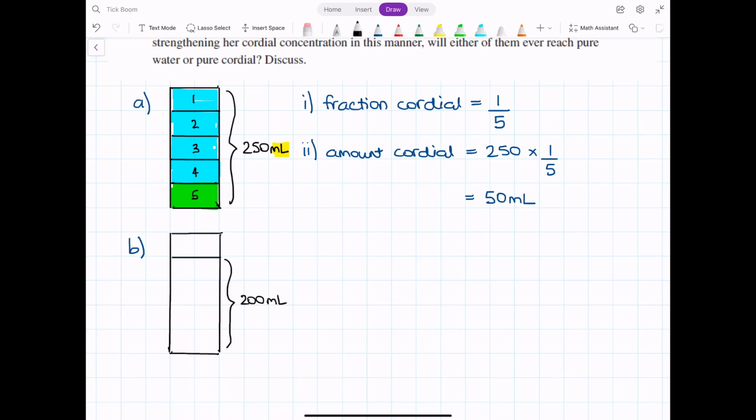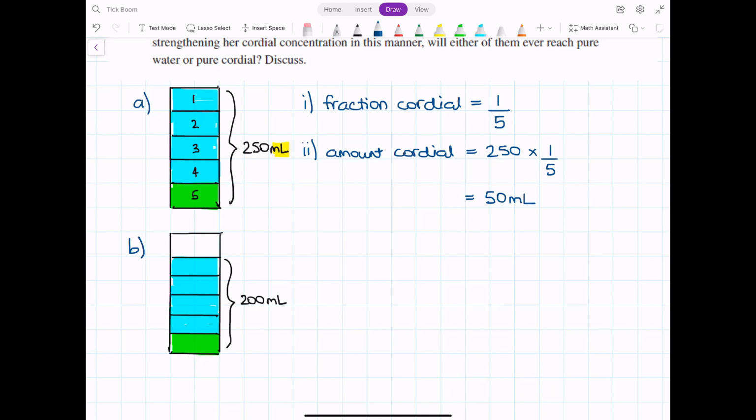So if I just try and break this remaining 200 mils up into 5 parts, that may not be perfect, but the idea is those are now evenly broken up, so that again we have 1 part cordial, and then we have 4 parts water, and then the first 50 mils is empty. So that is what's happening right now.